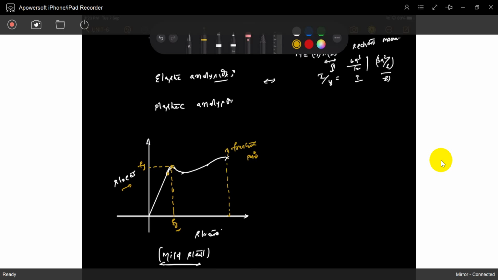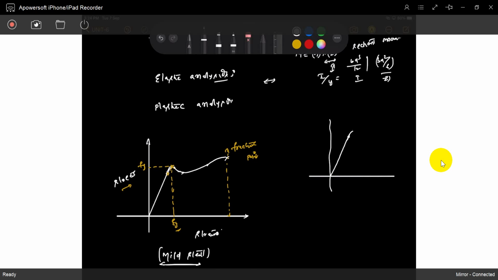Why, sir? Why do we take the elastic limit only? If you cross the elastic point, permanent displacements come. What are permanent displacements? If you apply a load, at a certain proportionality limit, stress and strain are proportional.